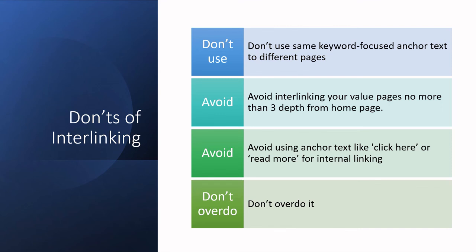You can have keyword variations, but as much as possible avoid click here or read more. You can have a mix, like 20% click here or read more anchor text and 80% keyword-rich anchor text. Be descriptive, be relevant, and don't overdo it.